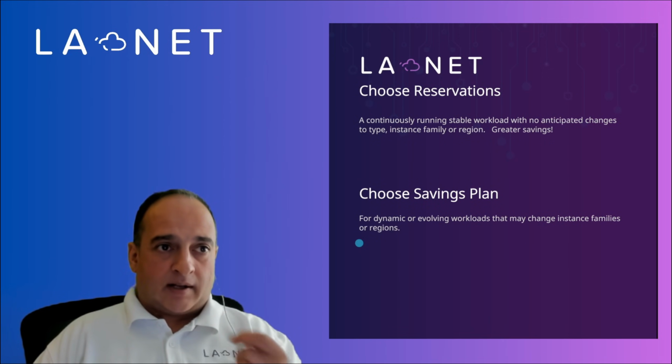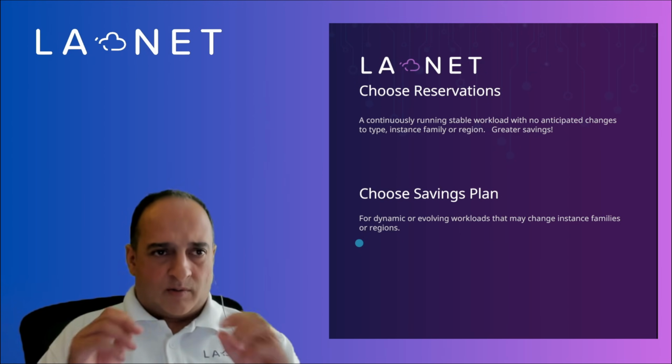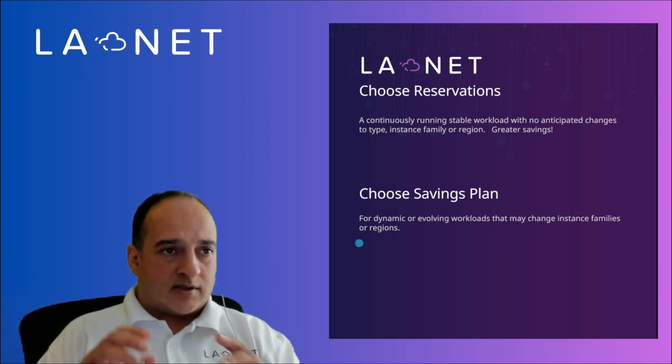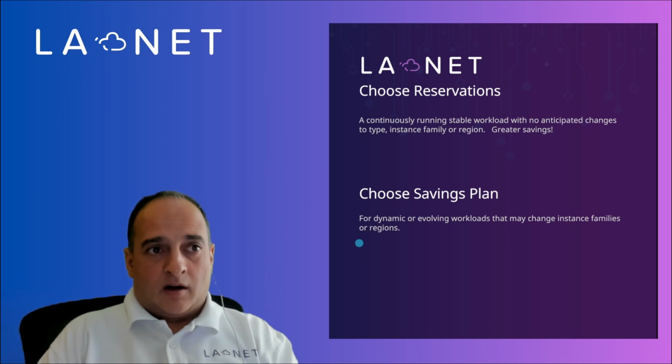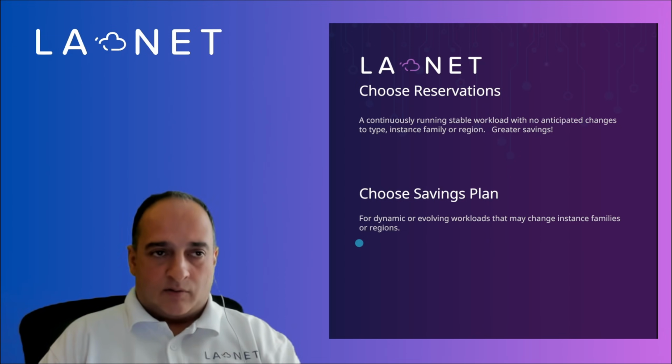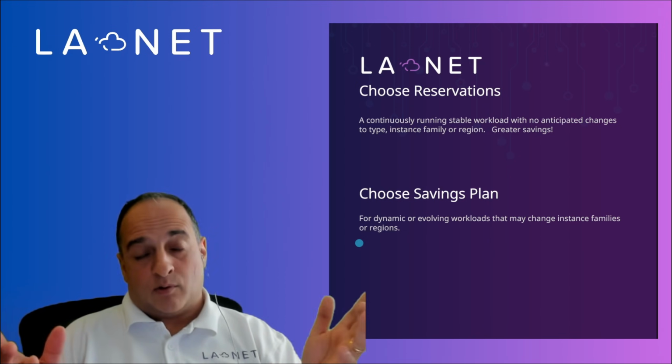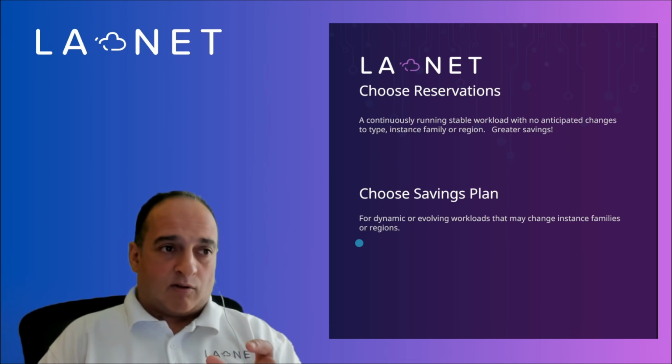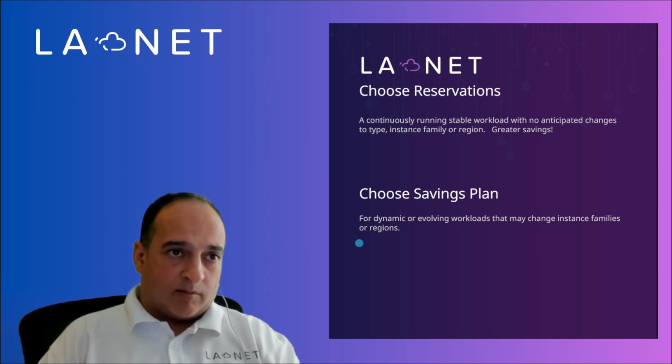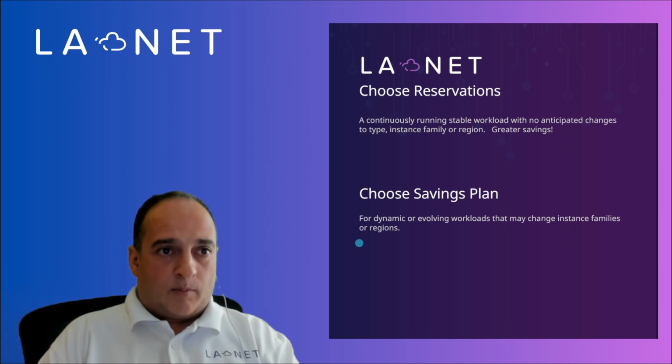But typically, when would you use each? So if you've got a continuous workload, it's stable, it's going to be in that region, it's going to be that family. Just like if you had a VM, if you've got a D series V2, for example, or V4 or 5 now, you buy a reservation on that. You can spin up further machines, and that reservation is going to apply to that too.